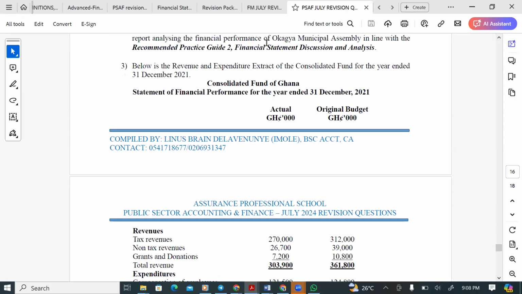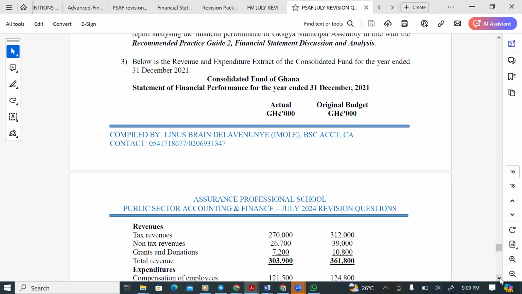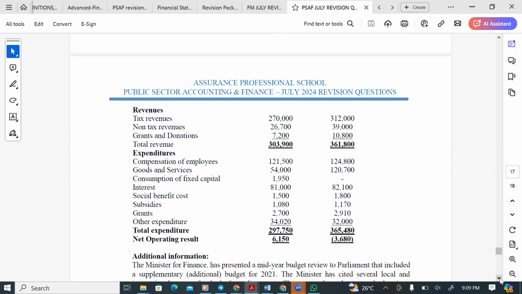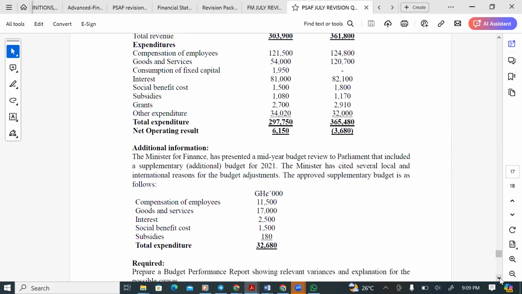Question 3. Below is the revenue and expenditure extract of the Consolidated Fund for the year ended 31st December 2021. Consolidated Fund of Ghana. Statement of financial performance for the year ended 31st December 2021. Additional information: the Minister for Finance has presented a mid-year budget review to Parliament that included a supplementary budget for 2021.